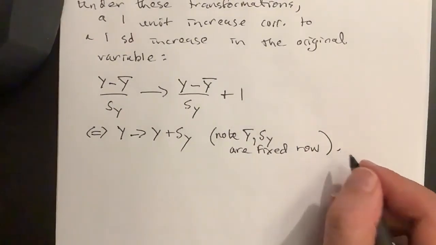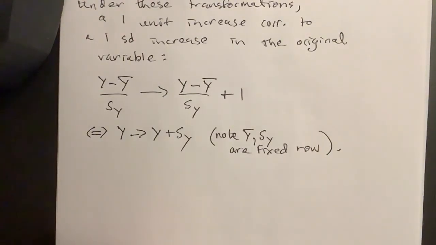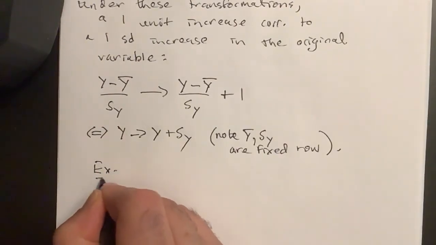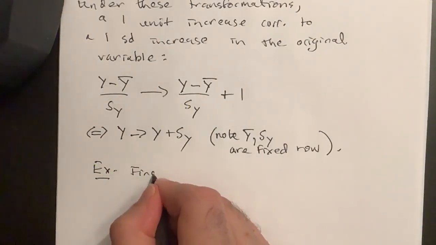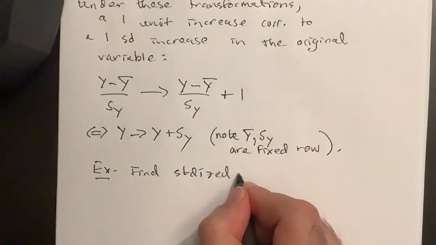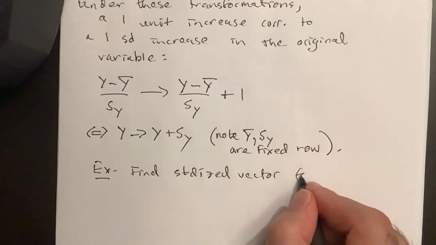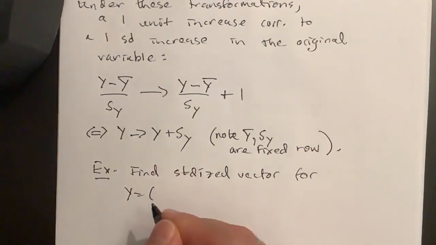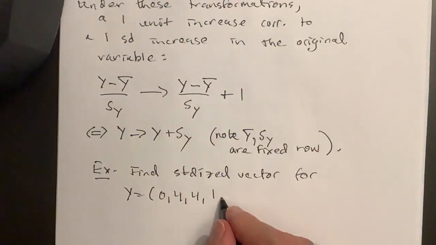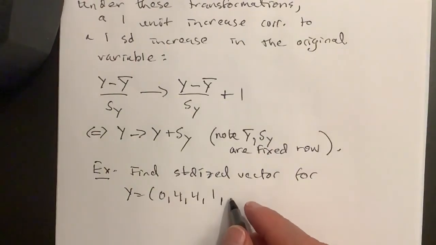So for MLR, there's one more, and this is the one we really need, but let's do an example first to practice. Say find the standardized vector for y equals 0, 4, 4, 1, 6.